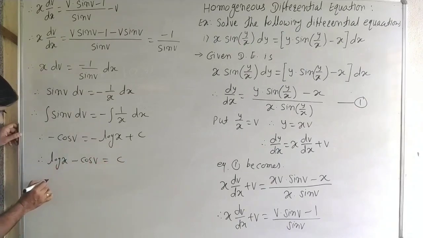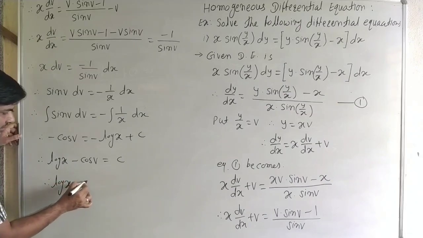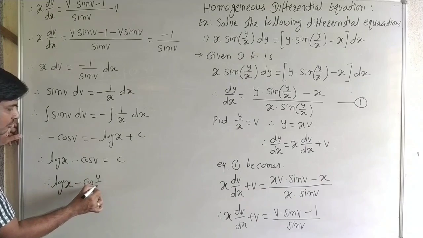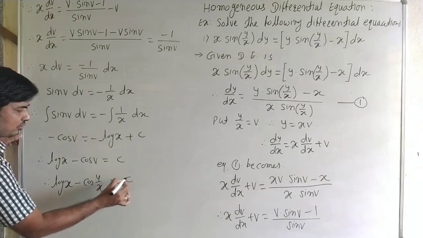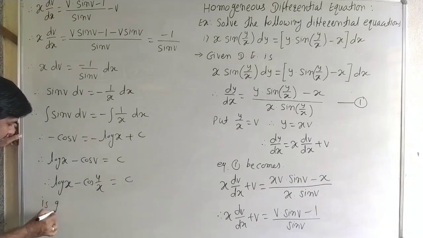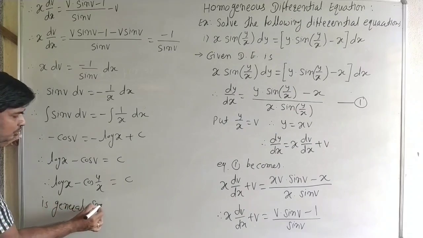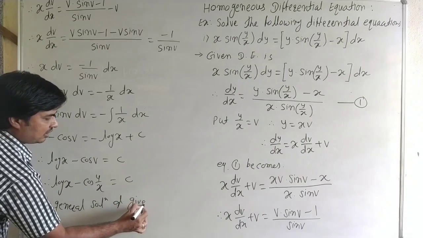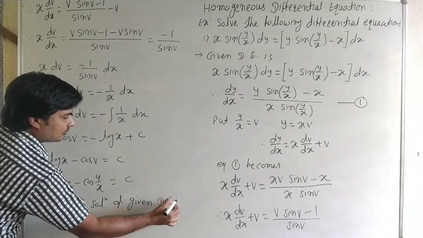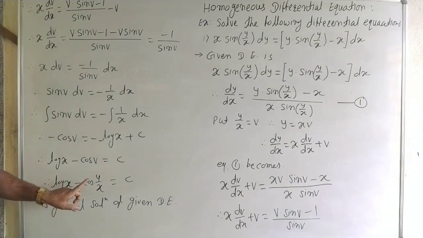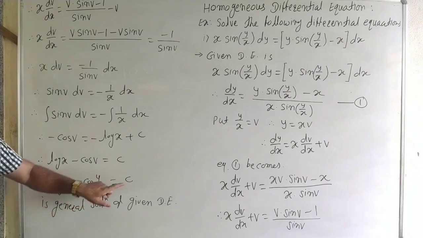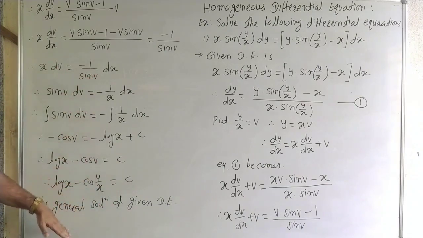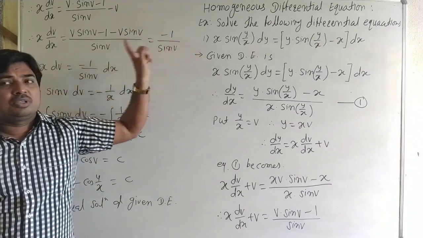Put the value of v. Therefore log x minus cos of y by x is equal to c is the general solution of the given differential equation. Okay, see carefully. Log x minus cos y by x is equal to c. It is the general solution of this differential equation.